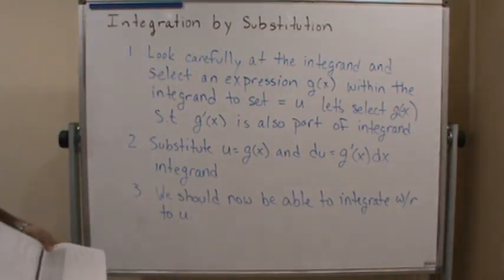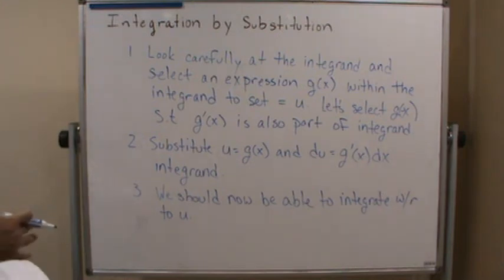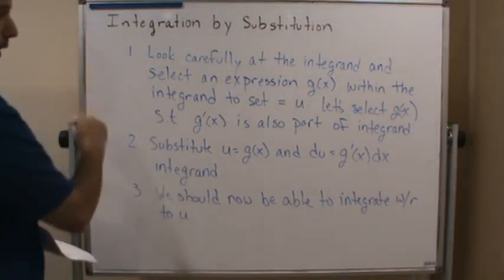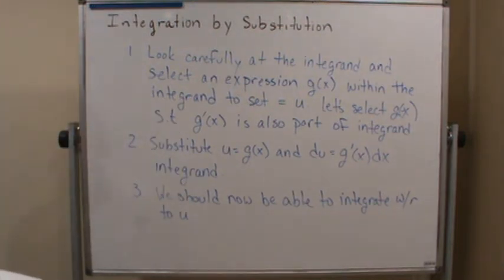Now again, I'm not going to write it all out, but if you can't integrate it, then go back to step 1 and look for a different function in the integrand that you can use as u, where the g prime, or du, is also in there.